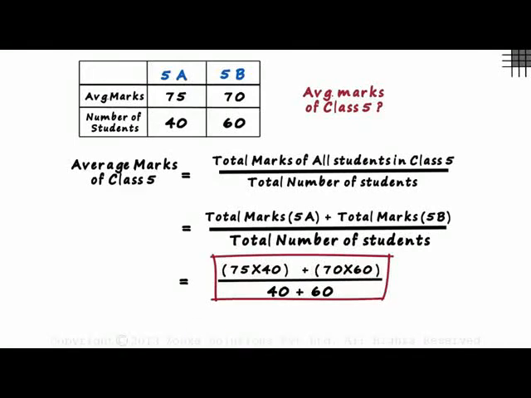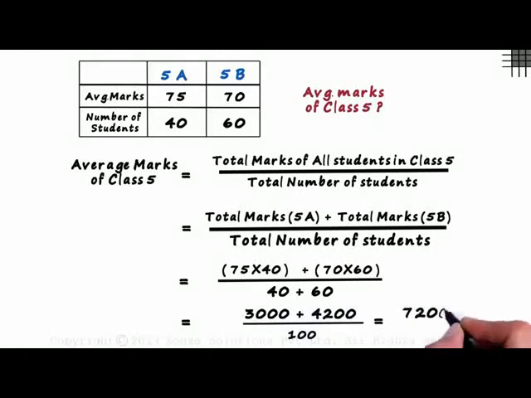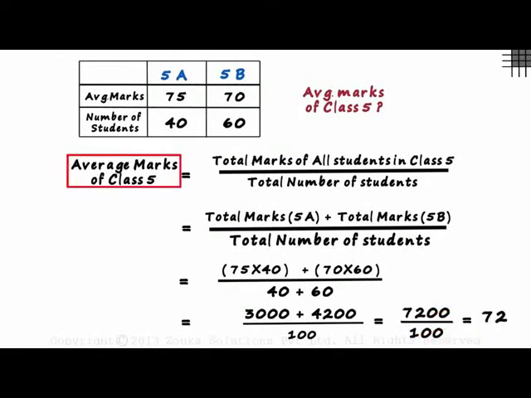So this can be written as 3000 plus 4200 divided by 100. That will be 7200 divided by 100, which equals 72. The average mark of class 5 is 72.